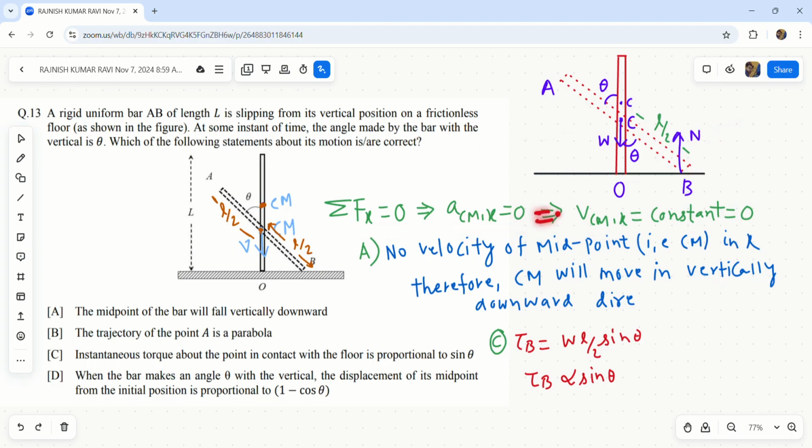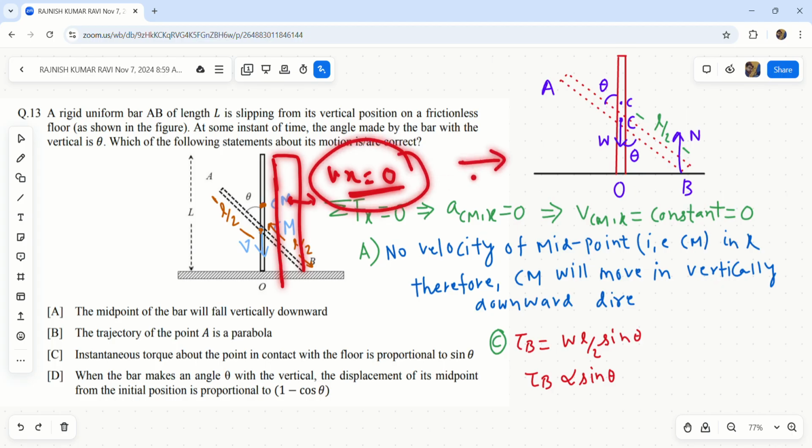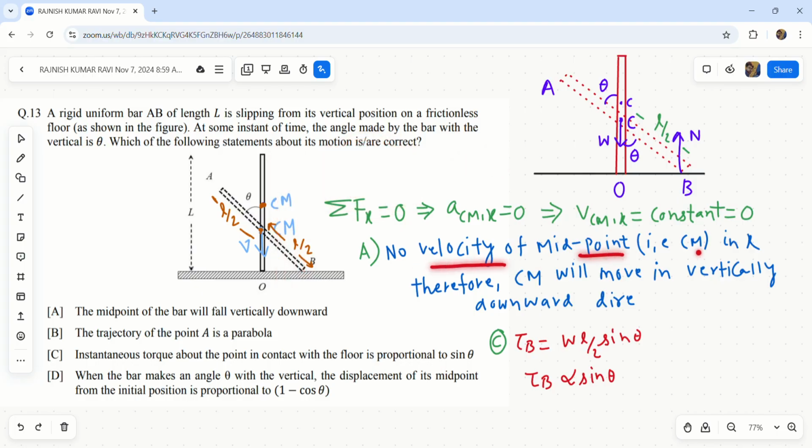That further implies that the velocity of the center of mass in the x direction will be constant. Initially, when it was in a vertical position, the velocity of the center of mass in the x direction was 0, so it will always remain 0. So there will be no velocity of the midpoint, that is the center of mass, in the x direction.